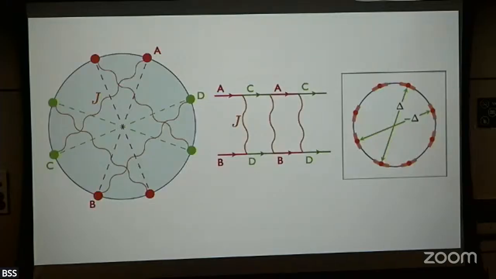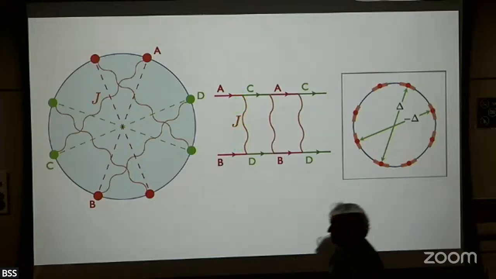So this is the main thing I wanted to show you. This is the BCS problem, okay? And so everything is in this picture. So imagine you have a Cooper pair of electrons, A and B. So here's A and there's B. Okay, so they have equal and opposite momenta, so that's your Cooper pair. So now this wavy line is the paramagnon.